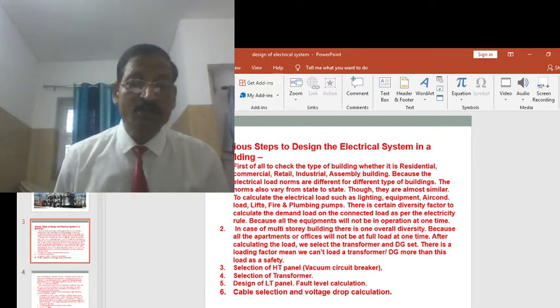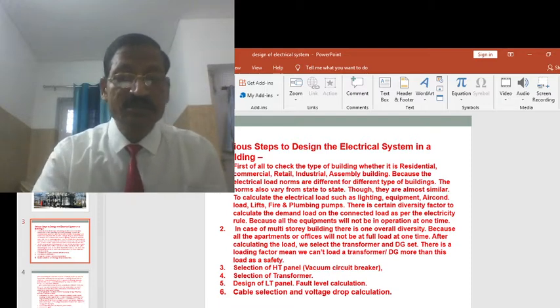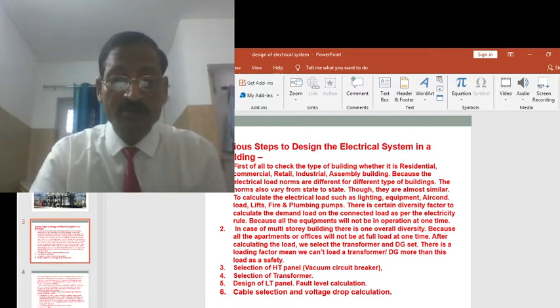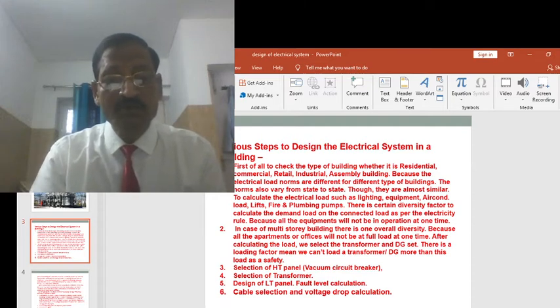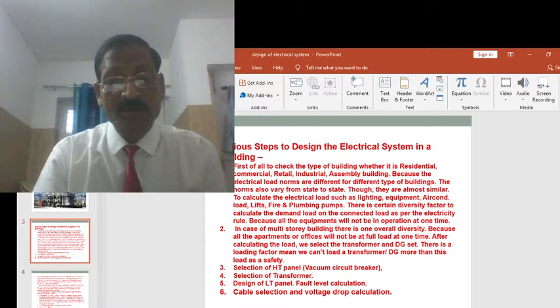After calculating the load, we select the capacity of the transformer and DG set. There is a loading factor, meaning we can't load a transformer or DG more than this load, as a safety.